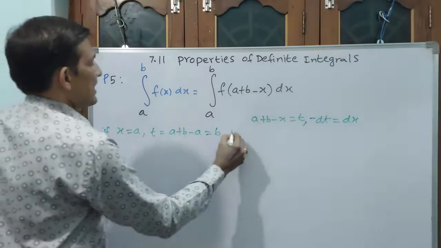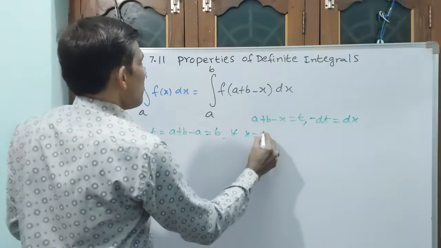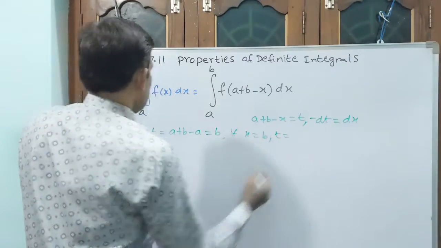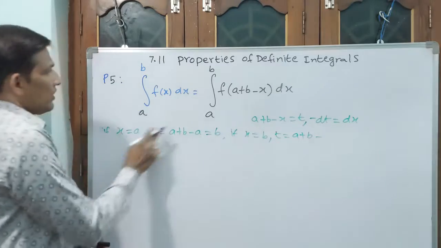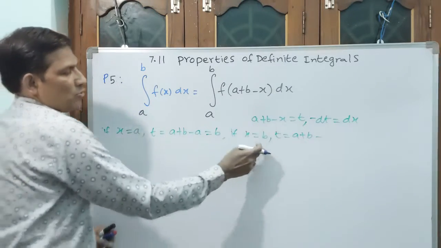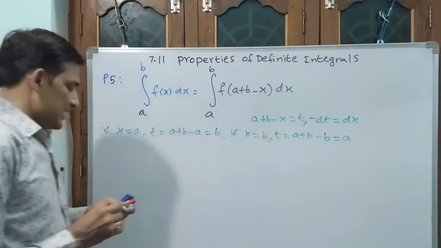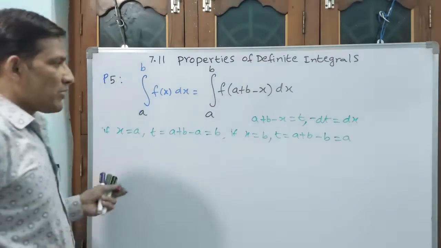If x is equal to b, t is equal to a plus b minus, in place of x, b is going to come. That means b gets cancelled, leaving a. That means the integral is going to become from b to a.